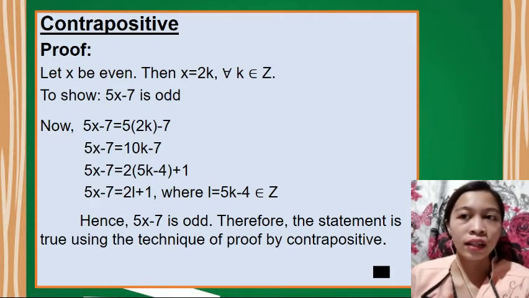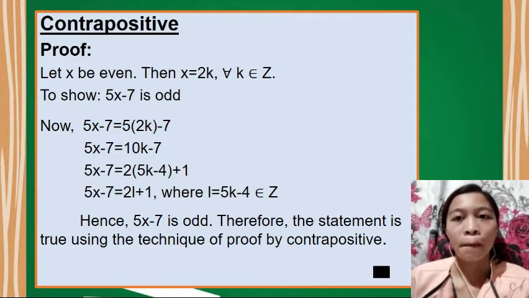Then, x equals 2k for all k an element of Z. We equate it with 2k because any number that we multiply with 2, the answer is always even. We need to show that 5x minus 7 is odd.